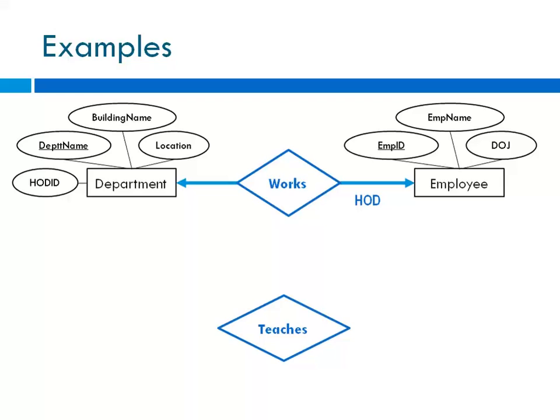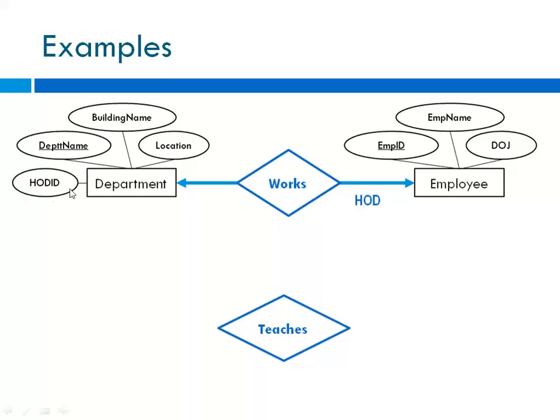Now see here that when you have to define who is the HOD of this department, it is one-to-one cardinality. So you can see here that the HOD ID is added along with the department.